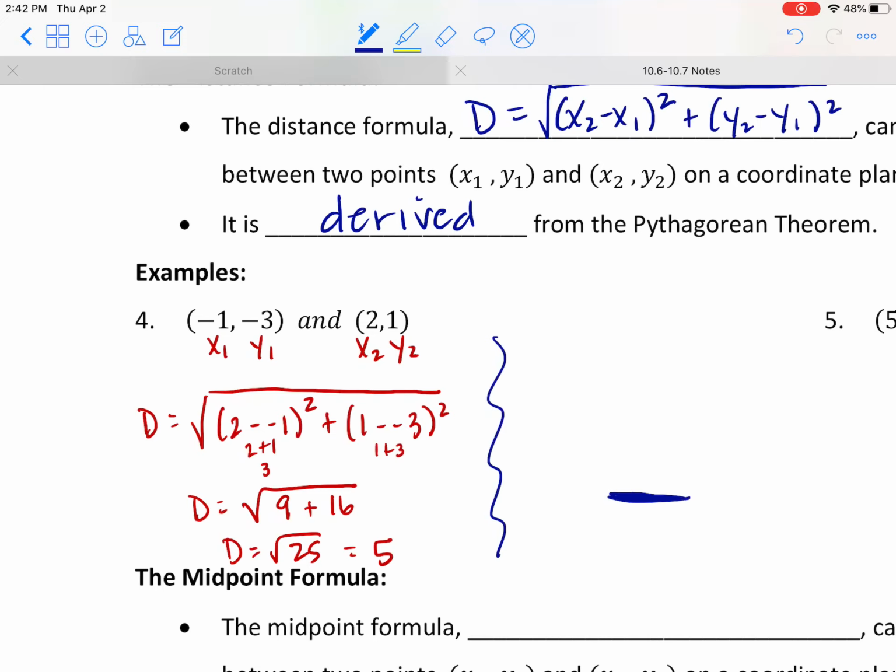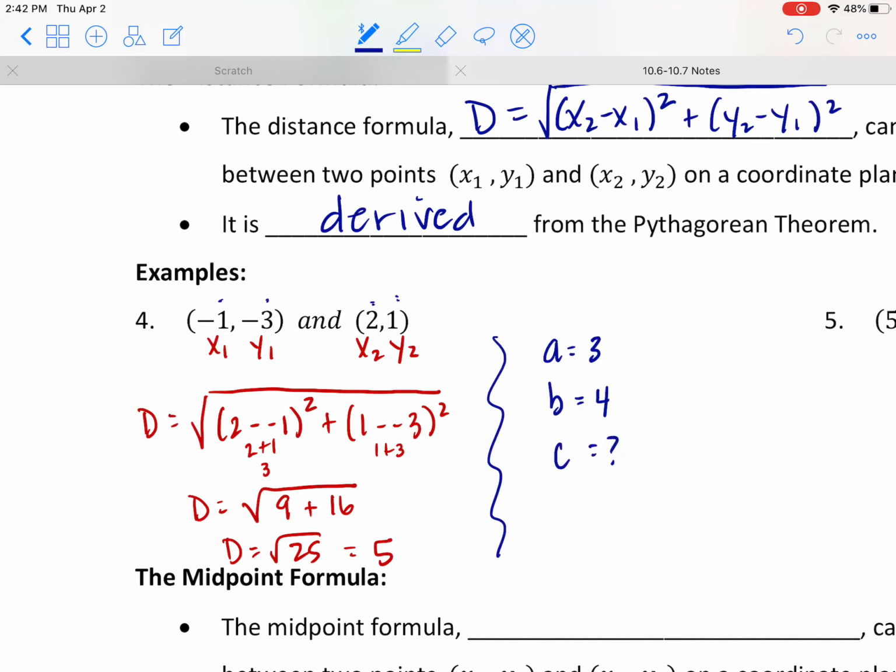Now if I was doing this problem, thinking about it in terms of the Pythagorean theorem, I know that the distance between the x's is this length of my triangle, and the distance between the y's is this leg of the right triangle, and what I'm looking for is c, right? So if I'm looking in terms of the Pythagorean theorem, A is how far am I from one x to the other x? So how many units is it from negative 1 to 2?